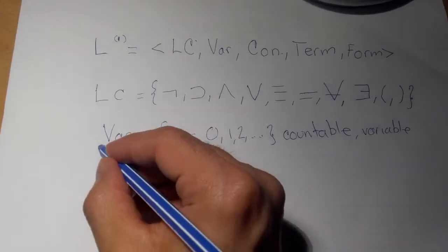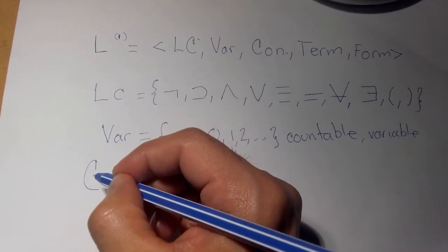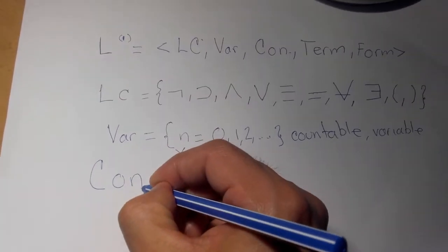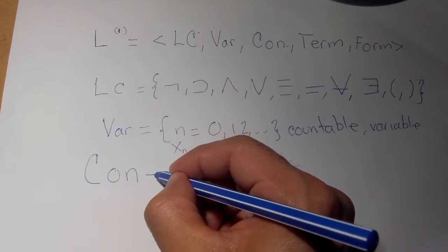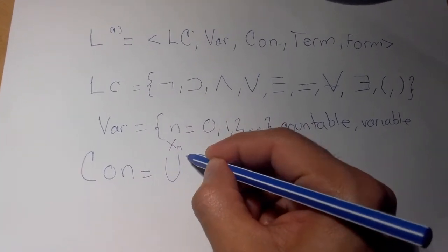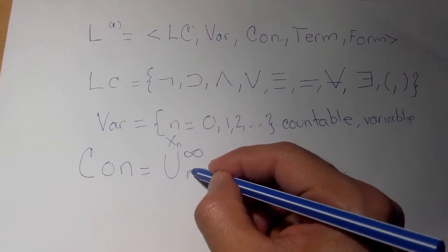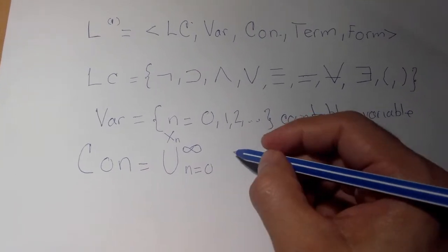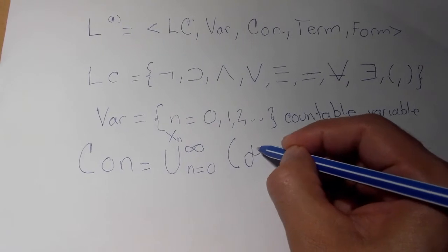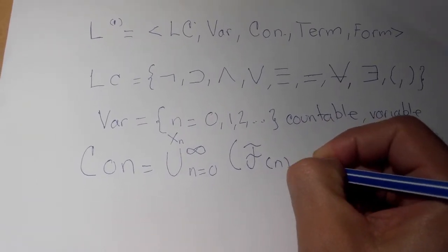In the non-logical constants, we have some characters in the zero order, but now in the first order we have some special definition of meaning. We're going to have the union of this n, which starts with the power of 0, and here we have this f, which means the f of n.